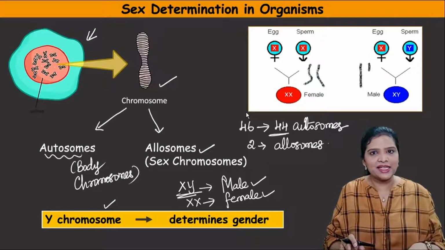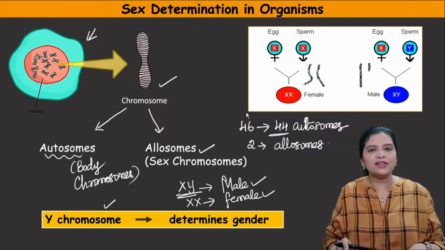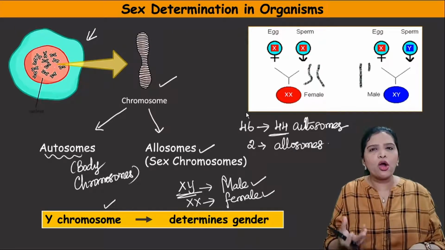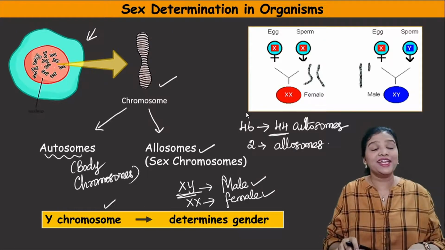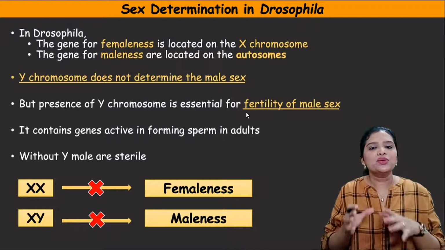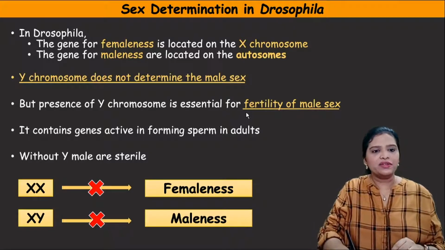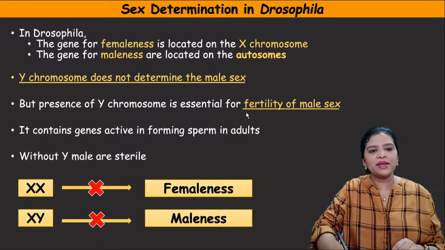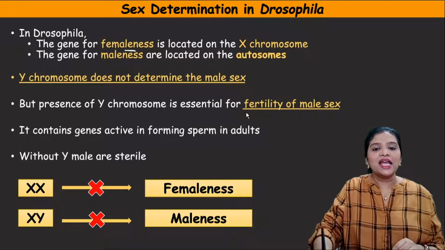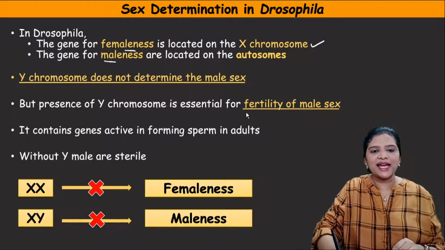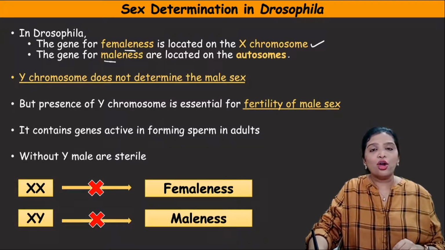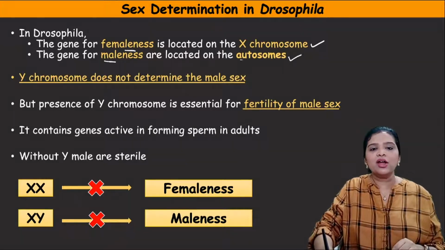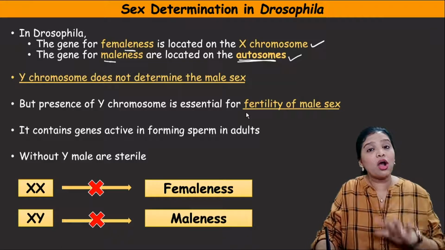Similarly, the same thing occurs in all mammals, whereas there is a small difference in the sex determination in Drosophila. So what happens here? In Drosophila, the gene for the female character, or femaleness, is located on the X chromosome, whereas the genes for the male characters are located not on the Y chromosome but on the autosomes.